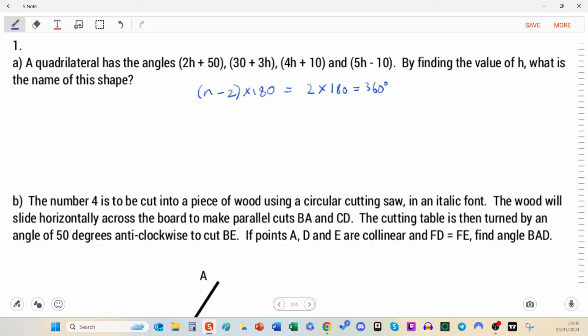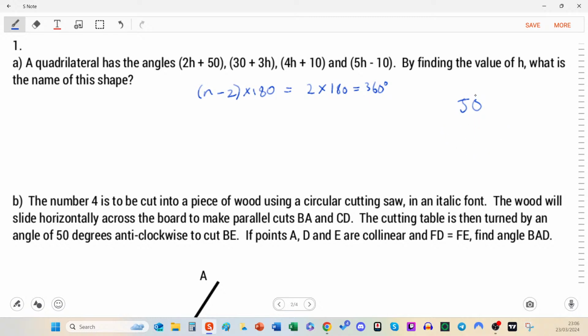All of these angles are just ways of expressing numbers. So if I had 50, I could write that as 2h plus 10, and in this regard, h would be 20, because 2 times 20 plus 10 is 50.